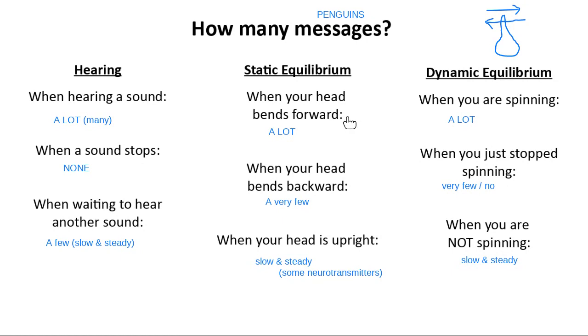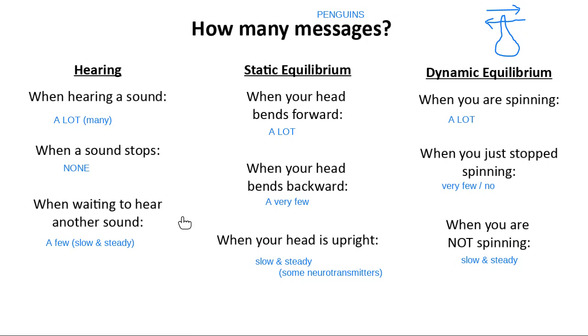When we talk about bending our head forward or backwards, remember it comes back to pushing on those mechanically gated channels. So I push them open when my head's going forward. I push a lot of them closed when my head is going backwards. Otherwise, there's kind of a basic number of neurotransmitters or a basic number of channels that are always being opened when our head is upright.